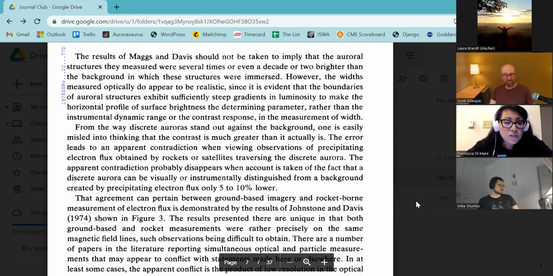The apparent contradiction probably disappears when account is taken of the fact that a discrete aurora can be visually or instrumentally distinguished from a background created by precipitating electron flux only 5 to 10% lower.